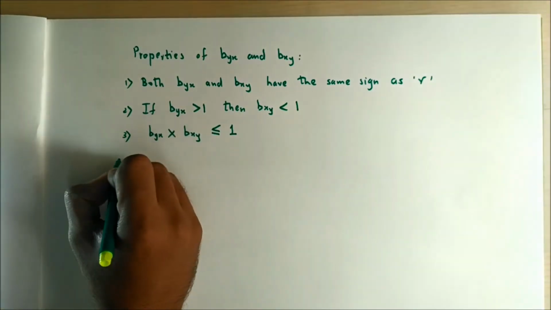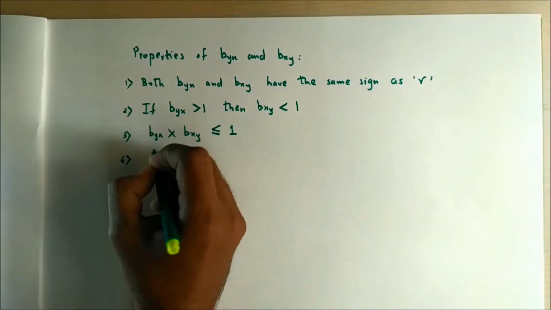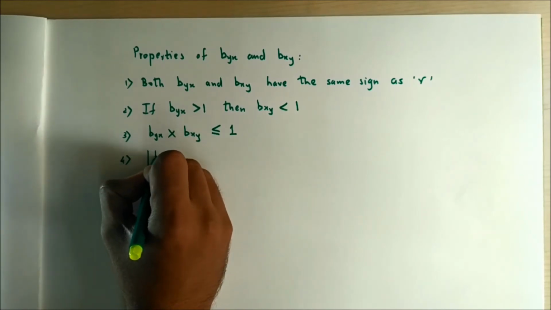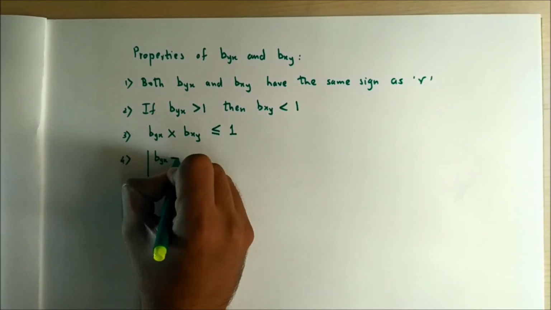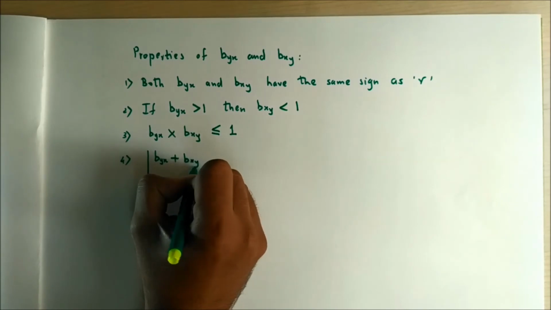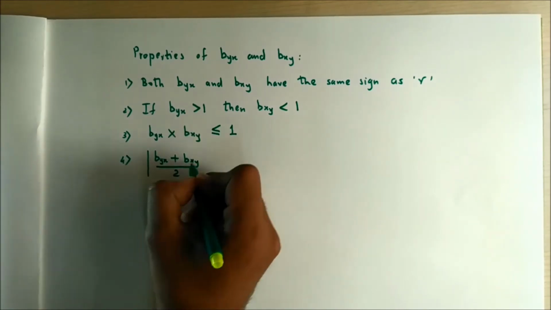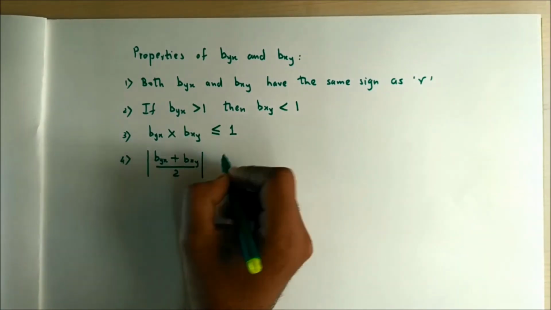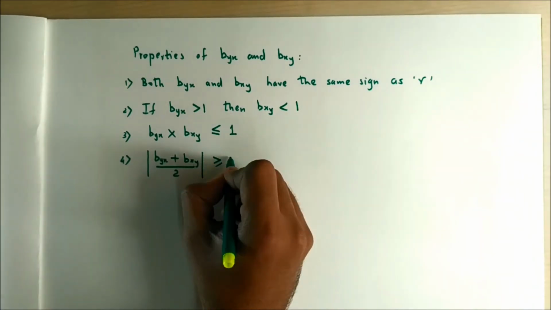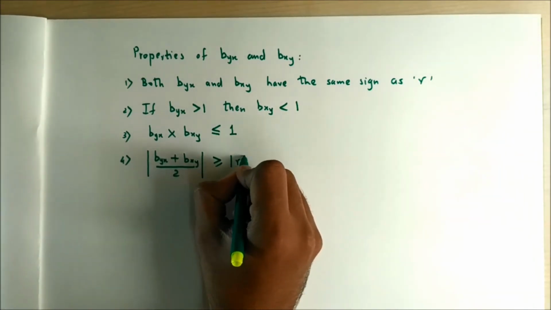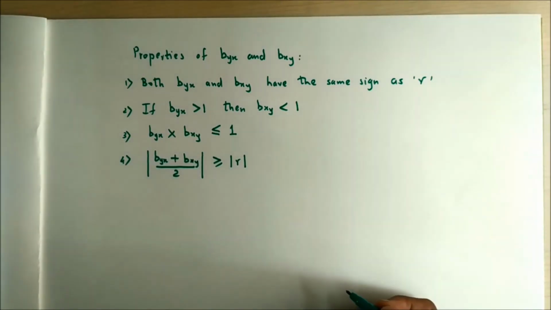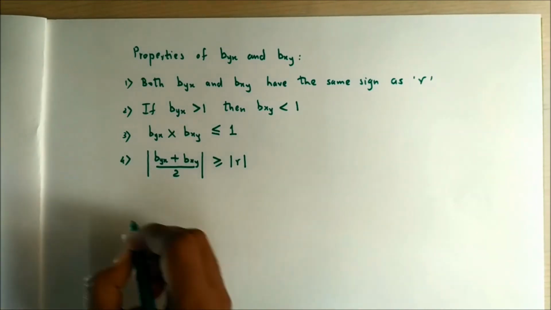Now the fourth property is, when you take the average of the regression coefficients, the absolute value of the average, that is modulus of byx plus bxy by 2, must be greater than or equal to the absolute value of r, the correlation coefficient.